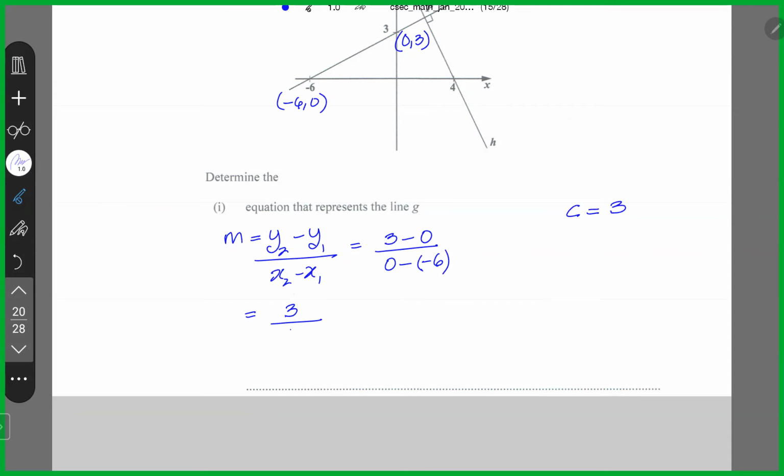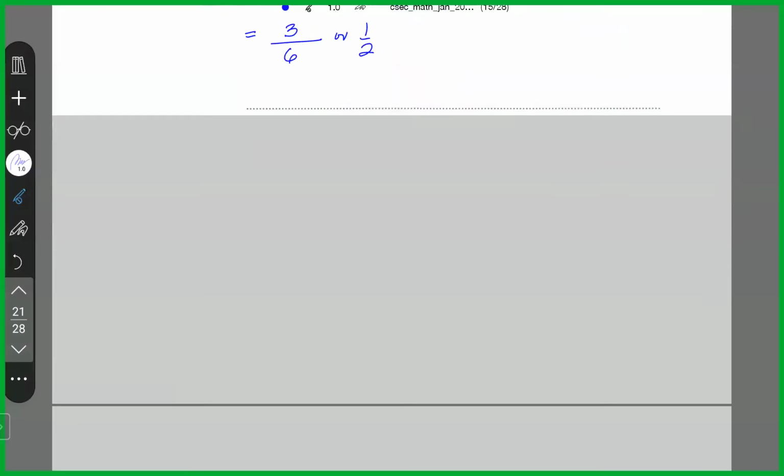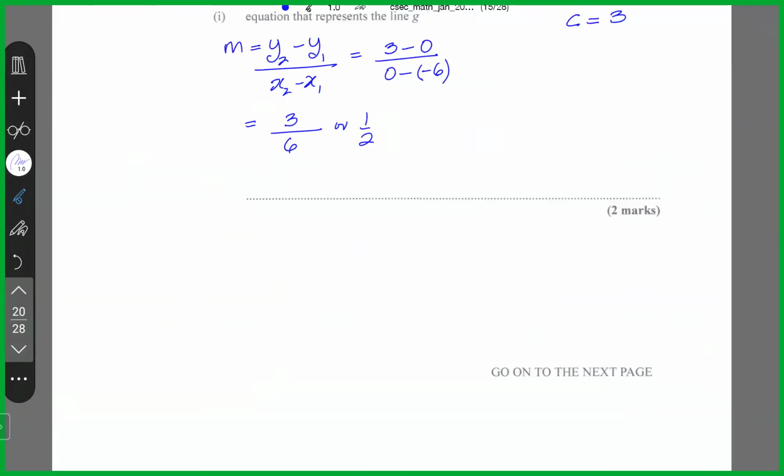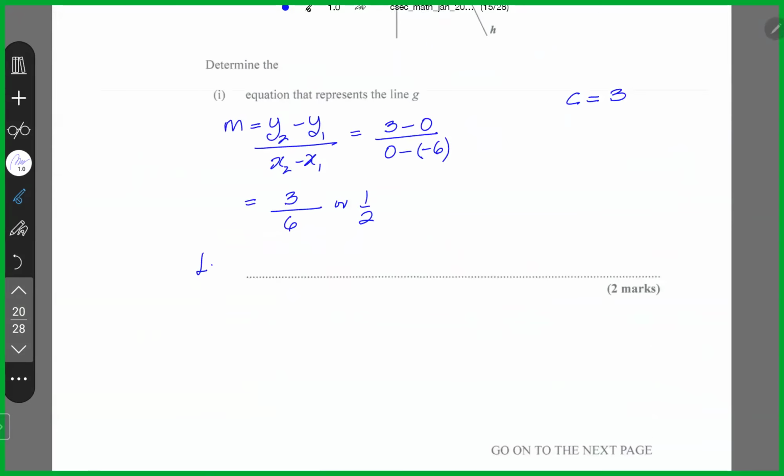Minus is plus, so it's 3 over 6, or a half. The gradient of line G is a half. The equation of line G is y equals m, which is a half, x plus c, which is 3. So y equals a half x plus 3.